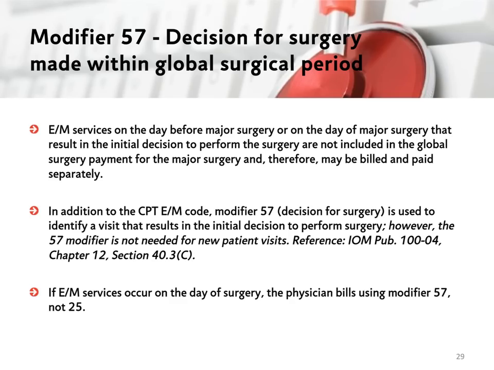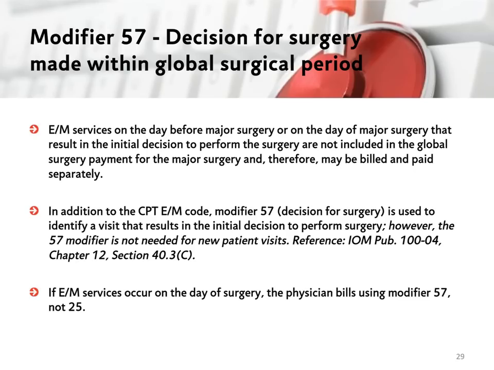Now we'll discuss modifier 57 and the decision for surgery made within a global period. E&M services on the same day before a major surgery or on the day of a major surgery that result in the initial decision to perform surgery are not included in the global surgery payment for the major procedures.